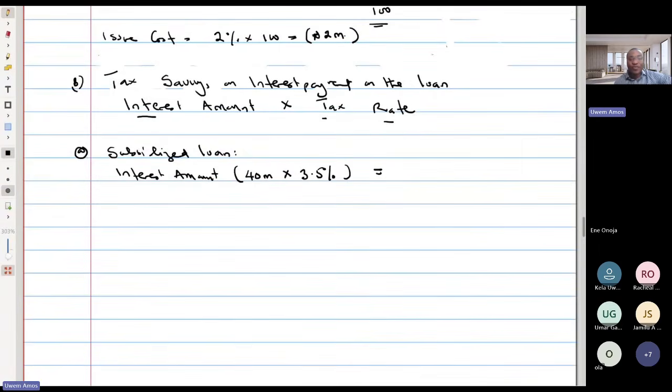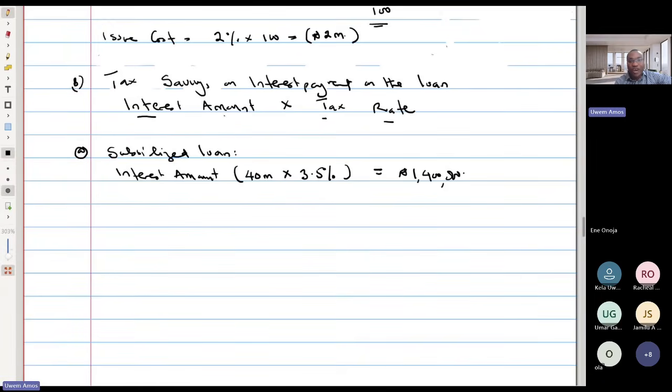So what does that give us? 40 million multiplied by 3.5 divided by 100, which is 1.4 million, which is 1,400,000. I can just put 1.4 million, whatever we choose to do. So that is our interest amount every year.